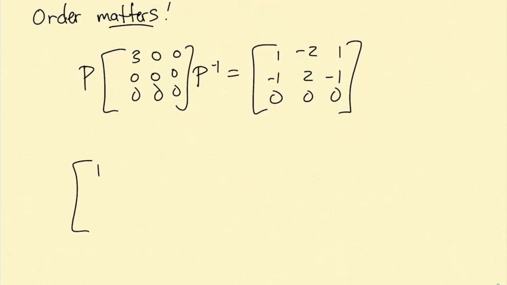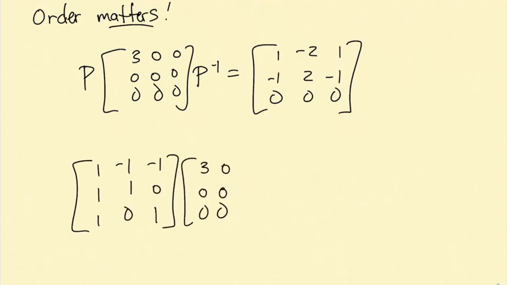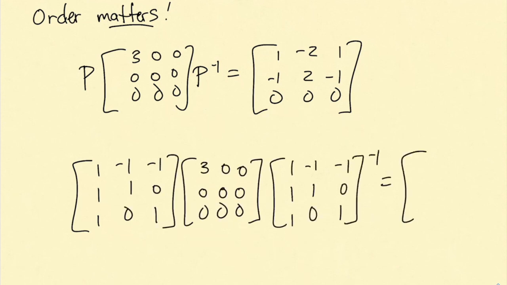So for example, if we'd made the opposite choice to put E3 in the first column and the two basis vectors for E0 in the second and third columns, then we could use the diagonal matrix with 3 in the top left-hand entry and 0 everywhere else.